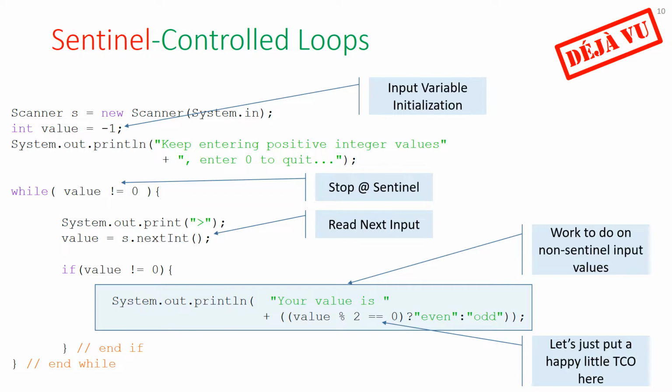Because if I write if else, I'm going to look like a noob, so I'm trying to show off here. Value modulo 2 equal 0, question mark, that's a condition. If that's true, I put even, else I put odd, that I concatenate to your value is. So it's going to display, I enter a value, it's going to tell me that value is even or that value is odd. Awesome. So nothing there that we haven't seen before, okay?